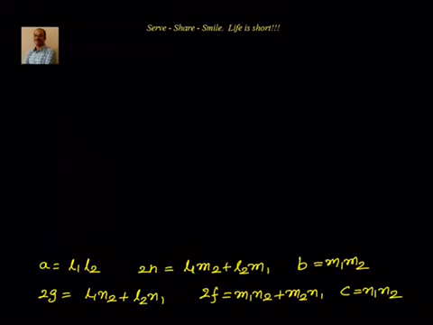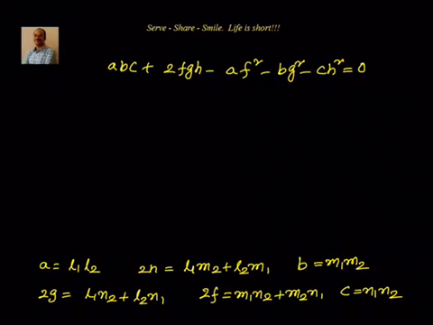Now what's the condition we have to prove? abc + 2fgh − af² − bg² − ch² = 0. Now let's look here at what we have.